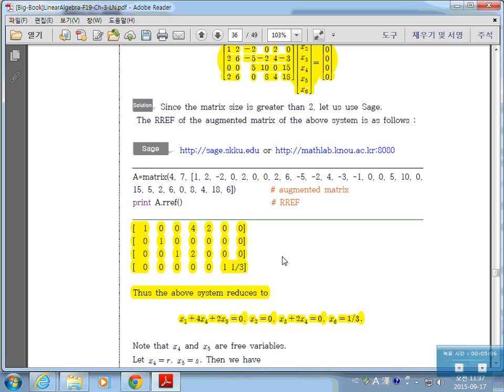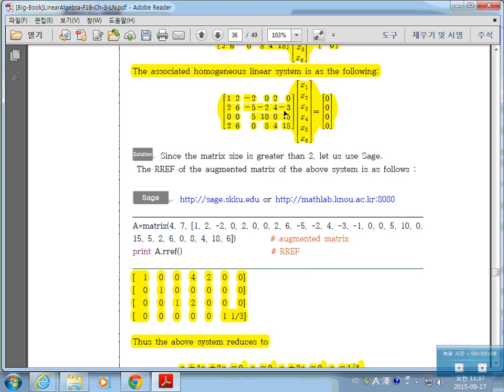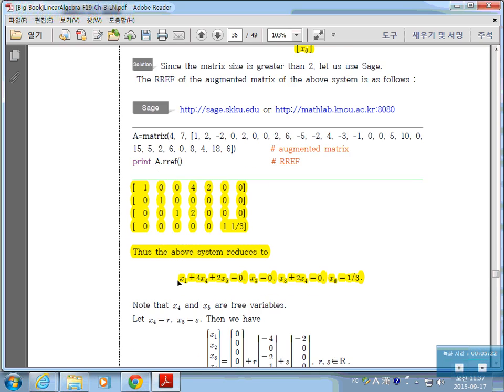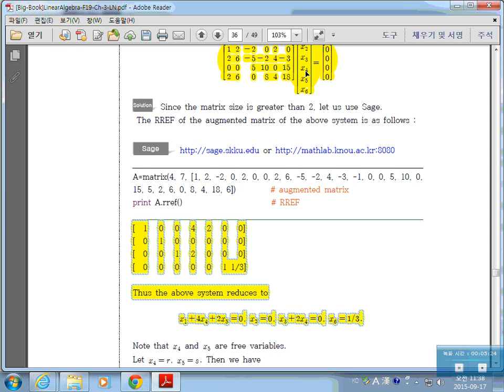Okay. Then from here, you can easily find the RREF of this, and from here, you see it has the free variables, so you can find the infinitely many solutions of this homogeneous system of equations.